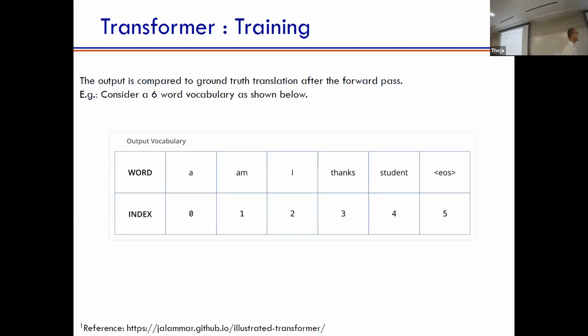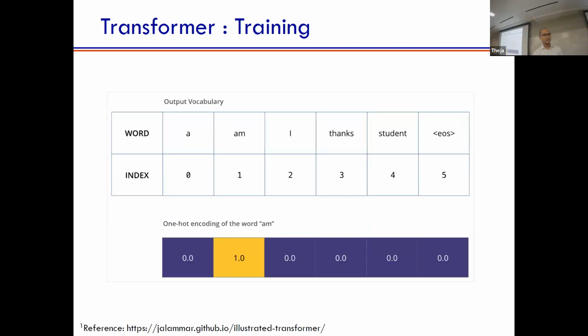I think we have seen this before several times, but we didn't explicitly capture it, so that's why I'm capturing it here. For example, you would have a word to index mapping. If the true word is "am," then "am" will have a 1 and everything else will be zeros. This is just the one-hot representation of the true output.